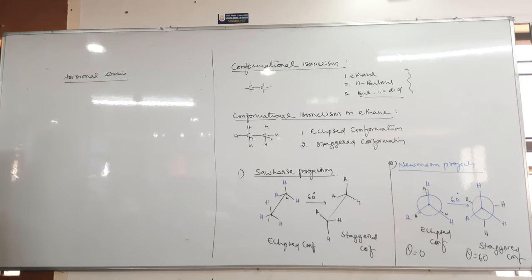Next point, the extra energy possessed by the eclipsed conformation over the staggered conformation is called torsional strain.